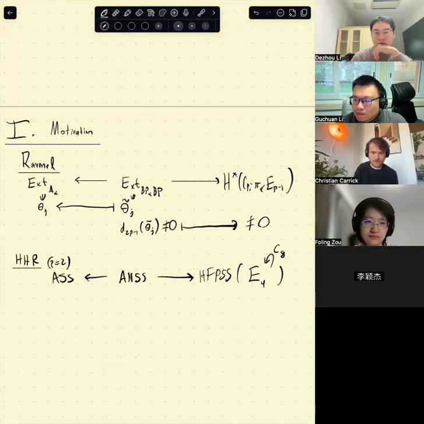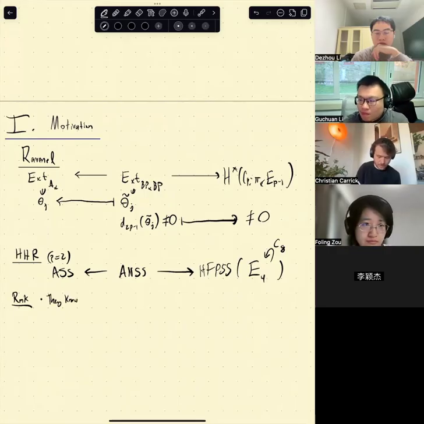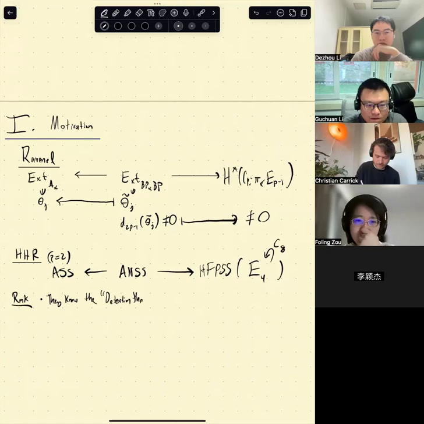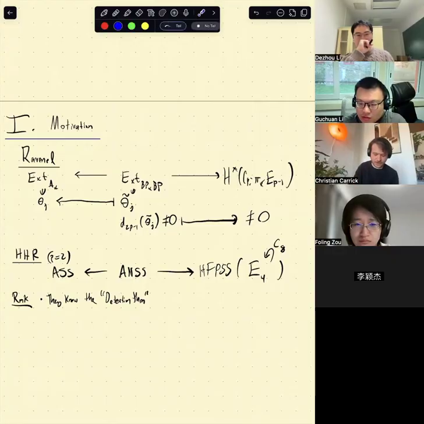Okay, and so as far as this approach goes, let me make a remark: they knew, before introducing the slice spectral sequence, the detection theorem, in the sense that they knew that any lift theta_j tilde of theta_j would be detected in this homotopy fixed point spectral sequence for E_4^{hC_8}.